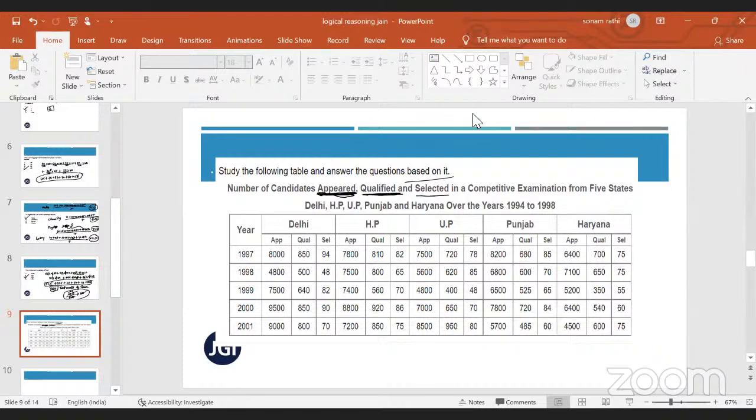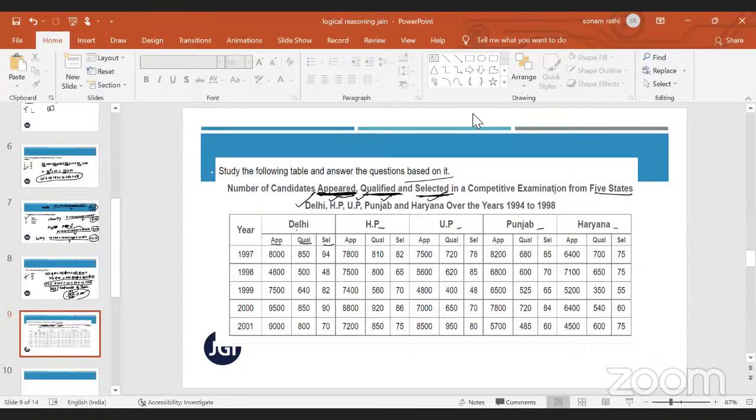And how many people are selected in the competitive exam from 5 states? There are 5 different states given to you: Delhi, HP, UP, Punjab, and Haryana. Appeared students, qualified students, and selected students.